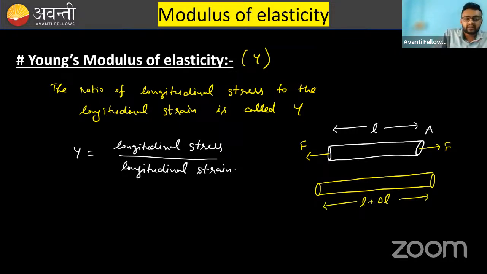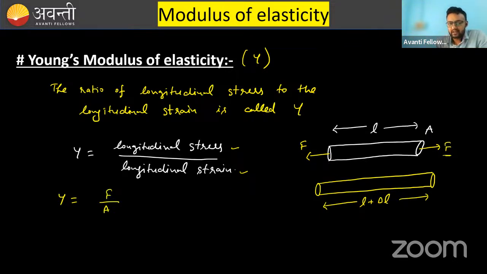So what will the Young modulus be? You need to calculate longitudinal stress to the longitudinal strain. I can easily write Y is equal to, what is longitudinal stress? In the previous class, we have studied that stress is force per unit area. So force applied is F, area is A. So stress can be written as force per unit area.